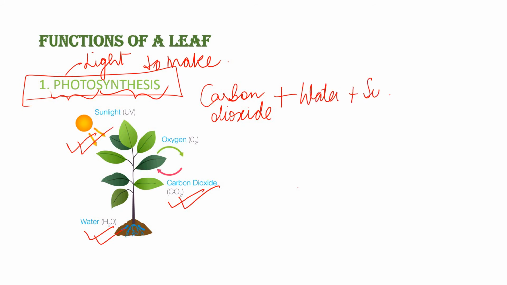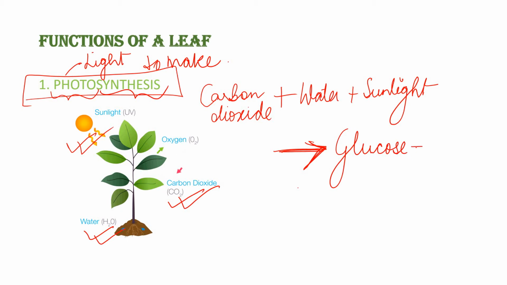The plant takes in sunlight. Okay. Then what is the end result? The end result is glucose, that is the food that the plants make, and also oxygen comes out, and also there is water coming out from the plant.